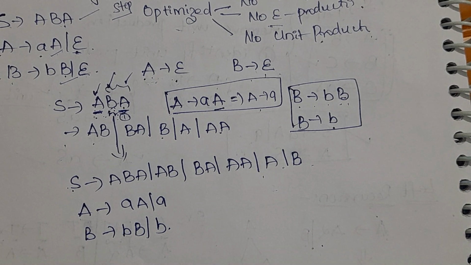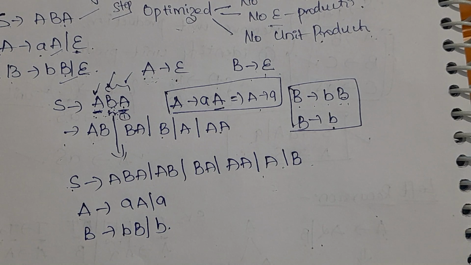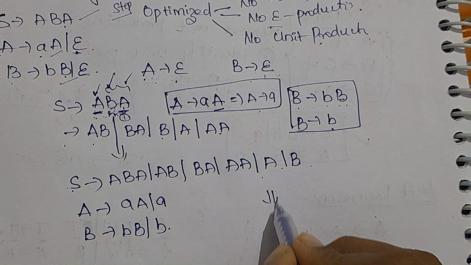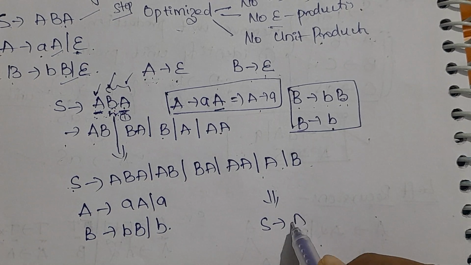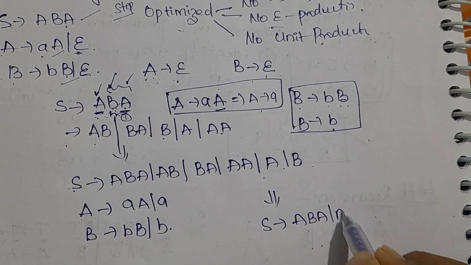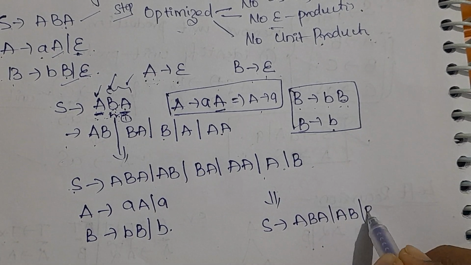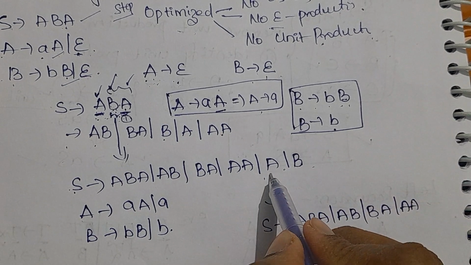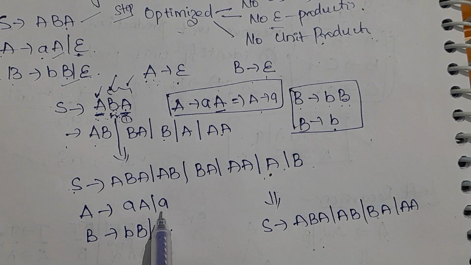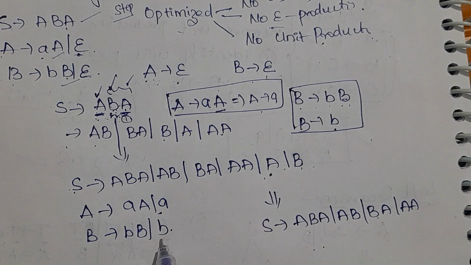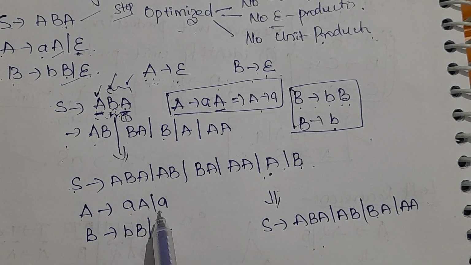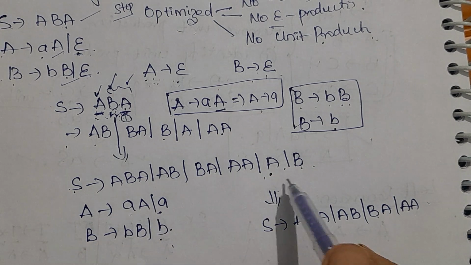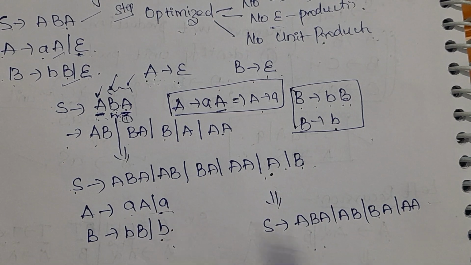So, what happens if I replace the unit productions? S stands to ABA or AB or BA or AA, and later on in place of A I can replace A, in place of B I can replace B. Either you can replace both even, right? Because A is nothing but these two productions will come.